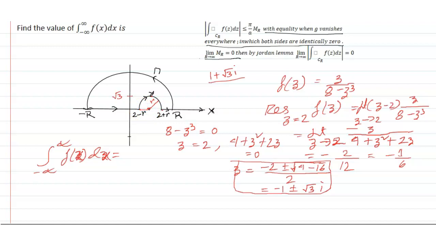This point is 2. Here it is also. Here you can get the singular point is 2. So 1 plus root 3i is my another point. You can get this point also in here, because it is between the line 2 minus r and 2 plus r.